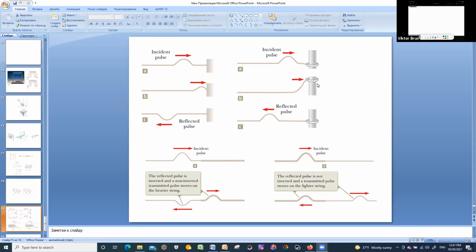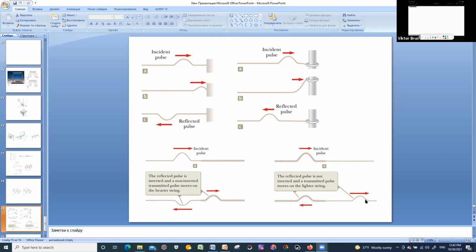However, it behaves more like in the example when we have a freely fixed end of the string, and at the interface we get a reflected pulse in the same phase, which moves backwards along this dense rope, and also we have a transmitted pulse in the same phase in the thinner rope.